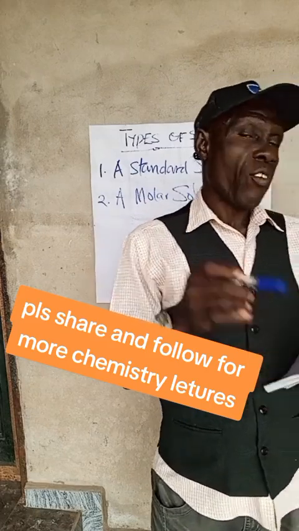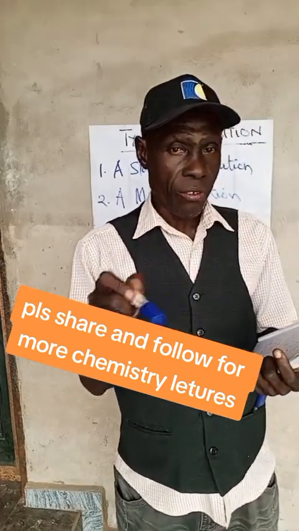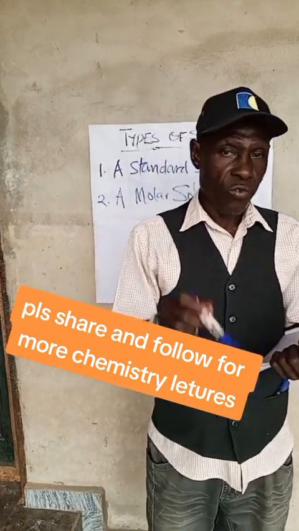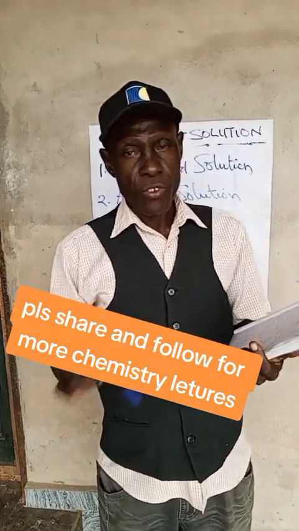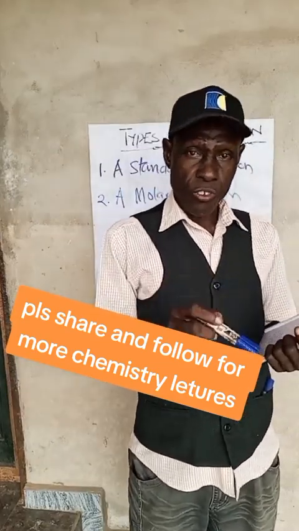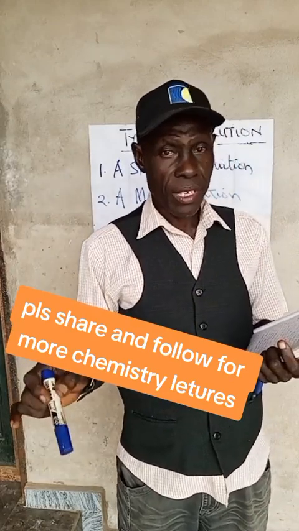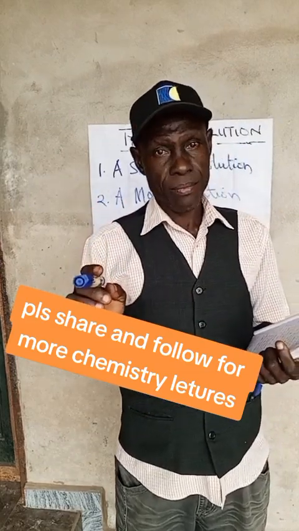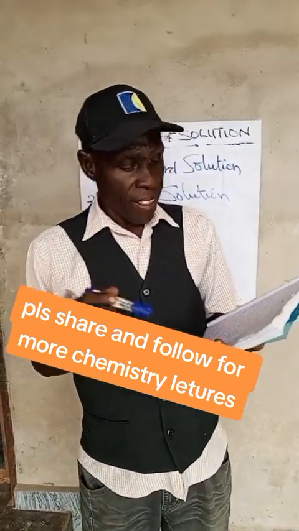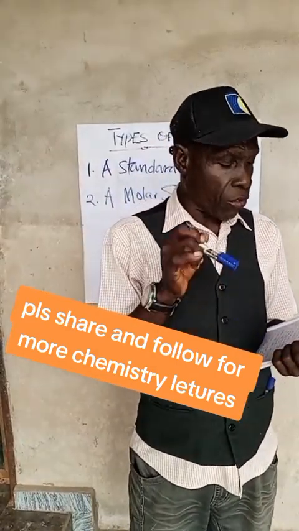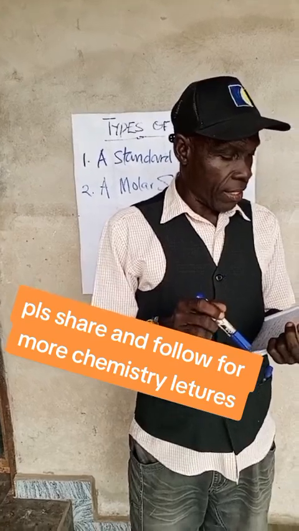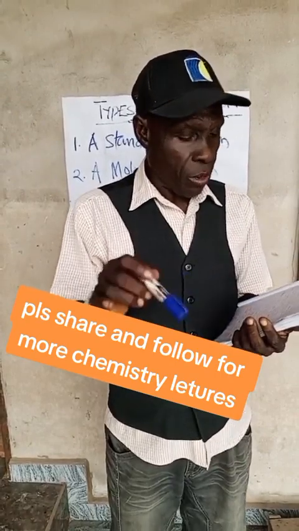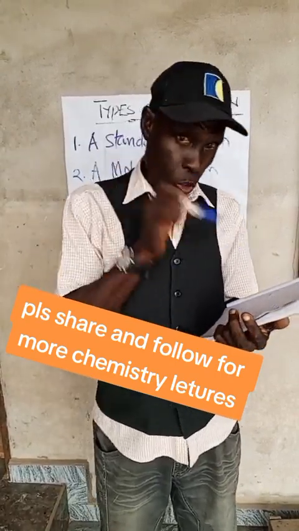For example, if 100 grams of sodium hydroxide pellets are dissolved in 1 dm cube of water, 1 dm cube of water is equivalent to 1000 cm cube, and 1000 cm cube of water is equivalent to 1 liter. So, if the 100 grams of sodium hydroxide dissolves in 1000 cm cube of water, the solution is said to be standard.